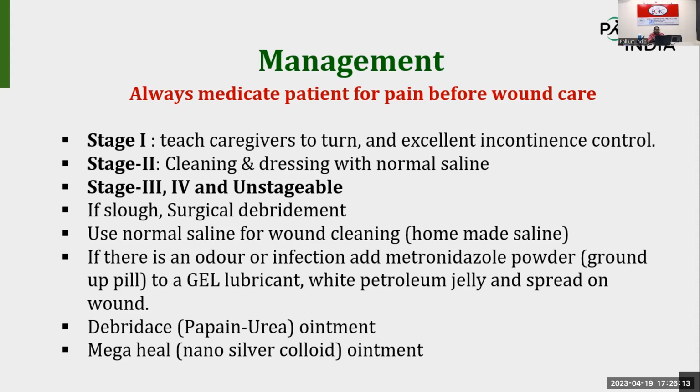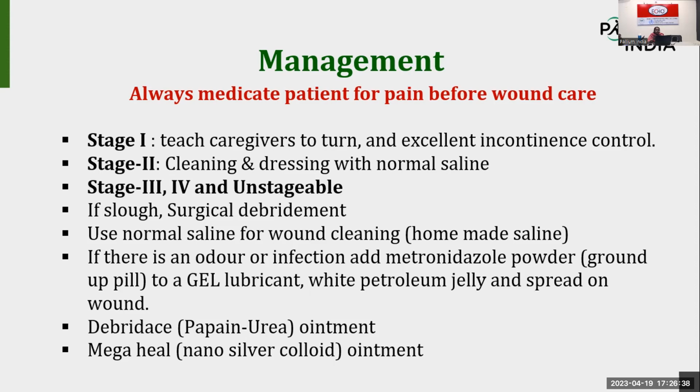And also you can apply debridase ointment and Megahil. This is quite expensive. If the patient can afford it, you can suggest this. Sometimes our surgeon will suggest these kinds of medications, like debridase ointment for slough removal.